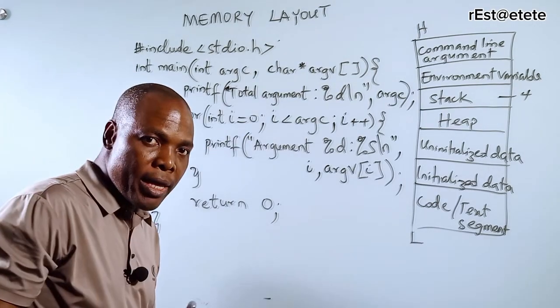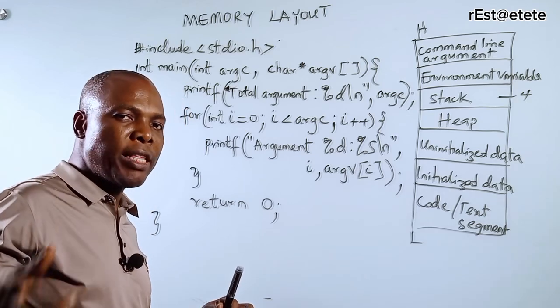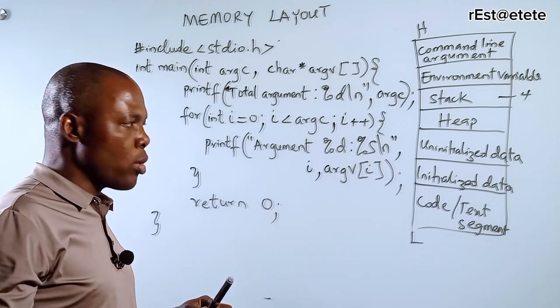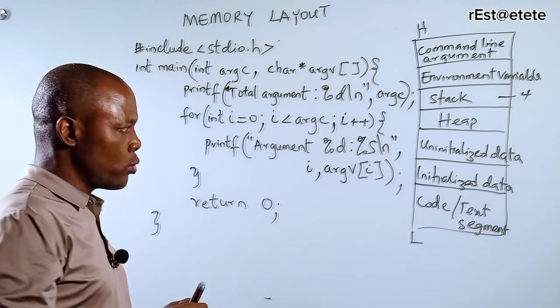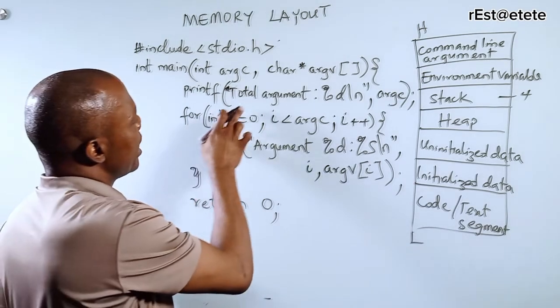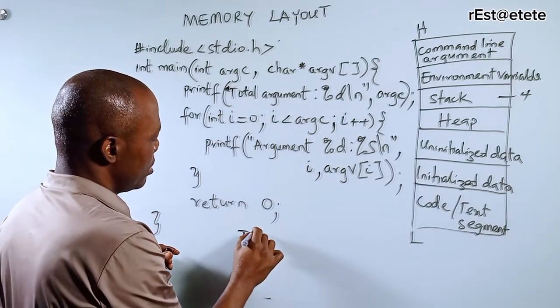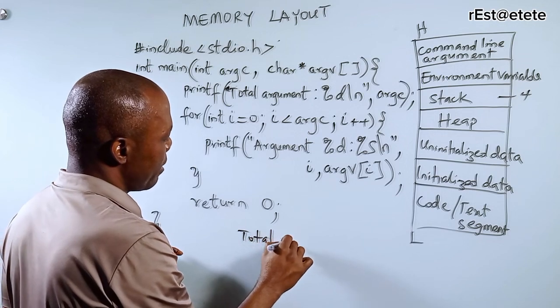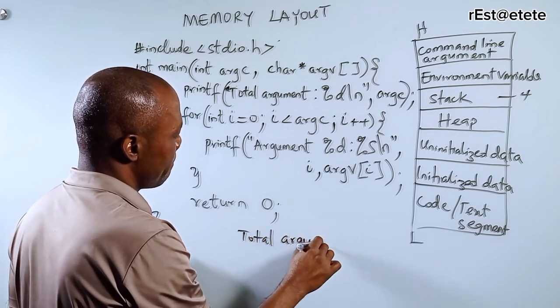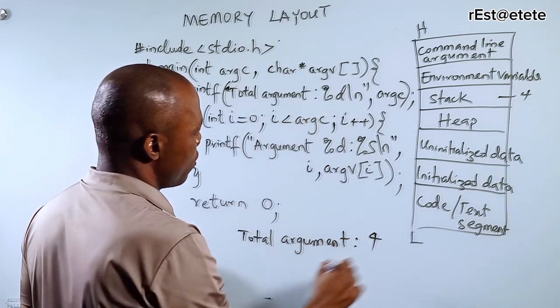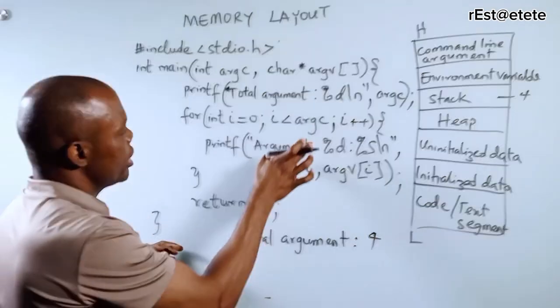Now, I will show you how to supply the parameters inside Code::Blocks. Once you supply the parameter inside Code::Blocks and you ask your program to run, then it will print out total argument 4. And then it will print out each of them.